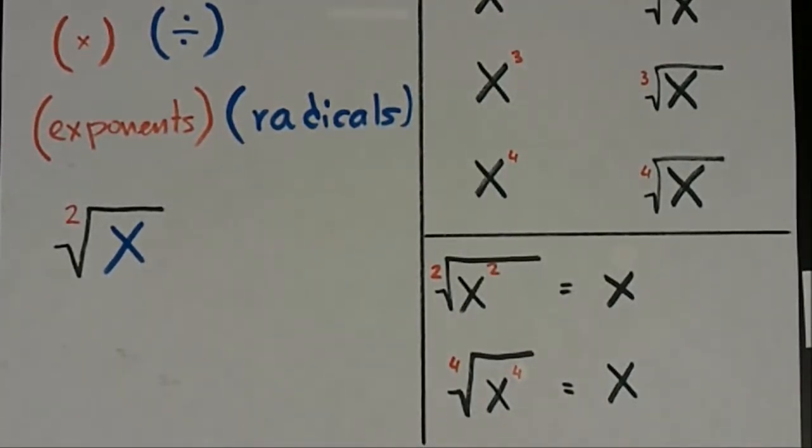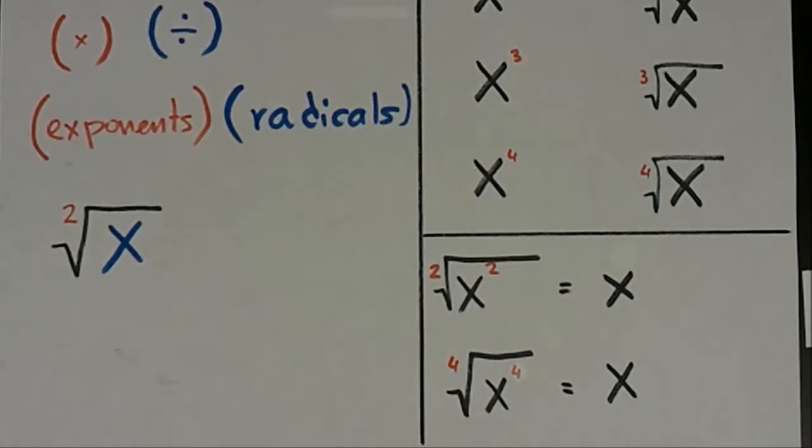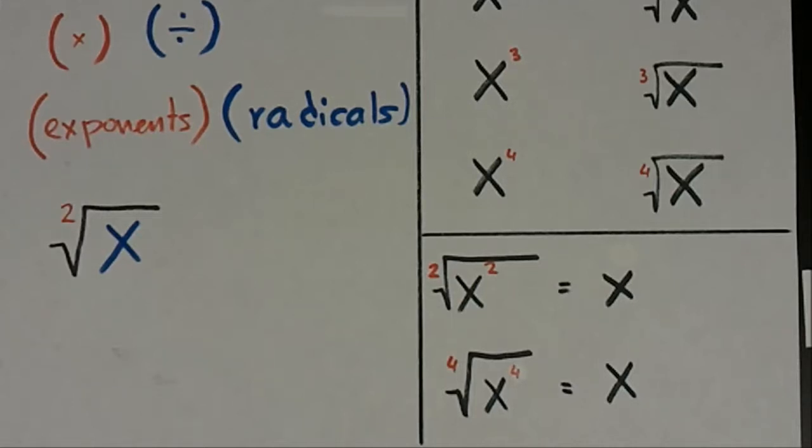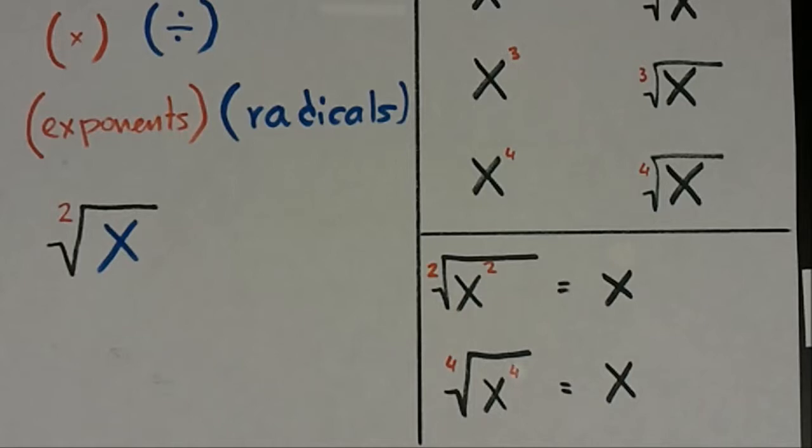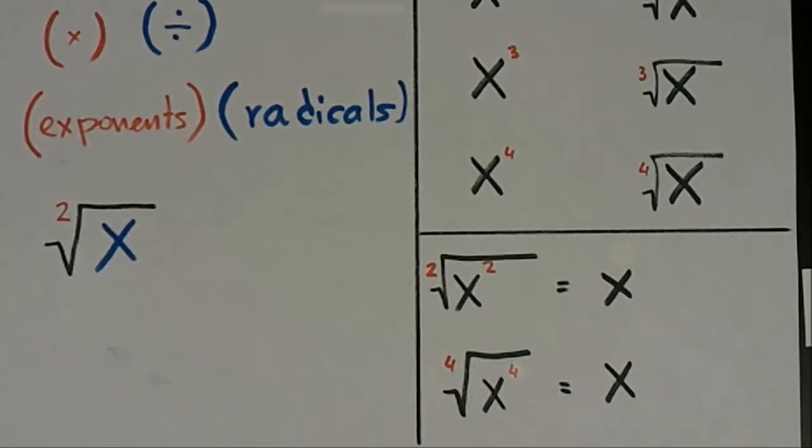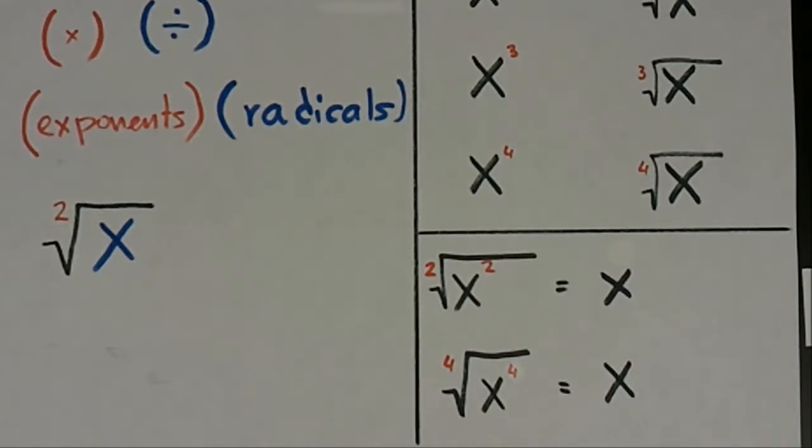This only works if both the exponent and the radical are of the same power. So you can't mismatch them. At least we're not going to talk about mismatches. Those do exist, and you'll talk about those in algebra, but as far as we're concerned, you only cancel if both the exponent and the radical have the same power.